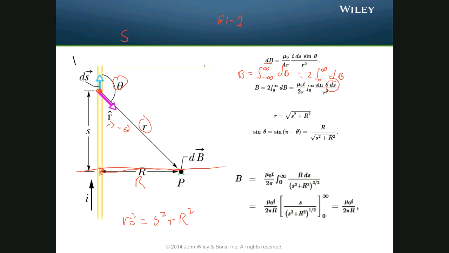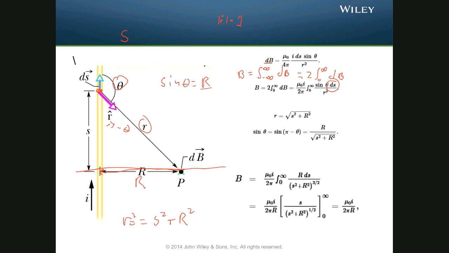Well, we can use our triangle again, and we can see that the sine of this angle will be equal to the opposite over the hypotenuse. So for that angle, sine theta is going to be equal to the opposite, which is r, over the hypotenuse.